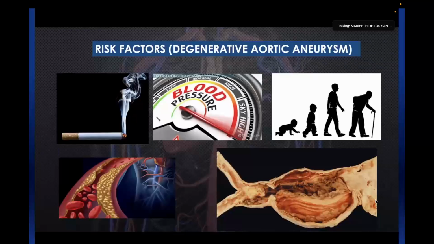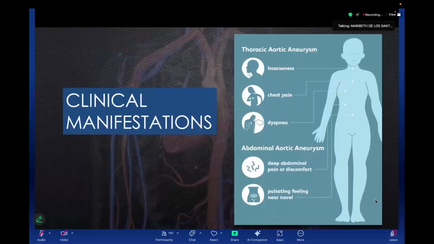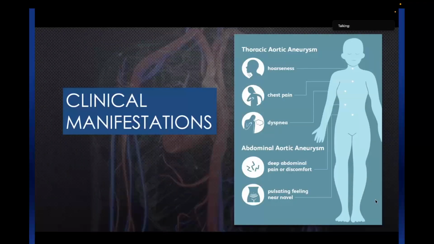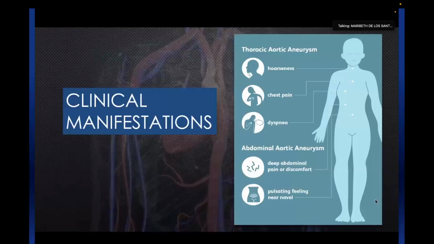So how do they manifest? As I've mentioned earlier, depending on the location of the aneurysm, we can actually predict the clinical manifestations or signs and symptoms of the patient, because most thoracic aneurysms are asymptomatic.